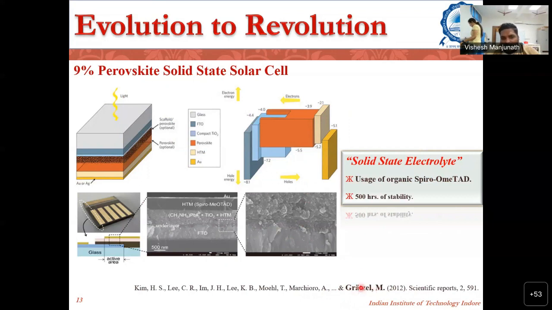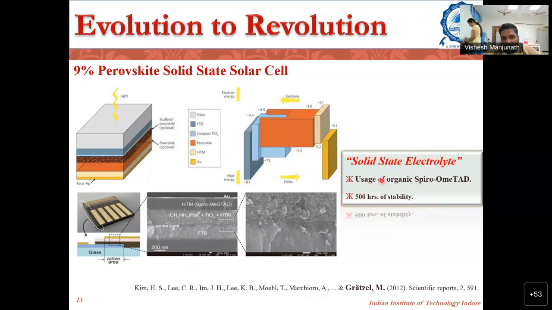The next paper on perovskite solar cells came from Grätzel. Michael Grätzel is even today considered the god of dye-sensitized solar cells. With his experience with dye-sensitized solar cells, he infiltrated perovskites in the TiO2. He didn't sensitize, and he used a solid electrolyte, a spiro-OMeTAD, and with gold as counter electrode, he was able to achieve around 9% efficiency, and 500 hours of stability.